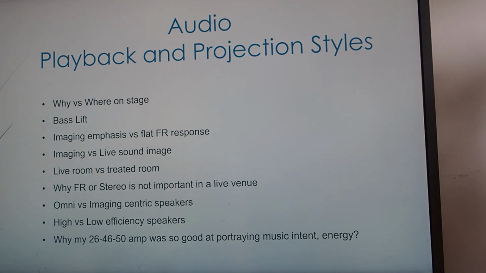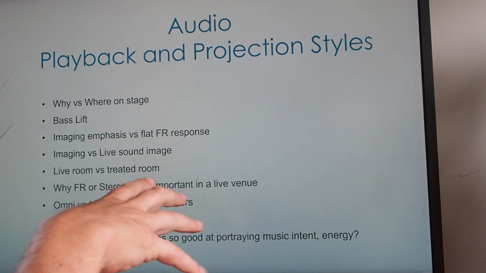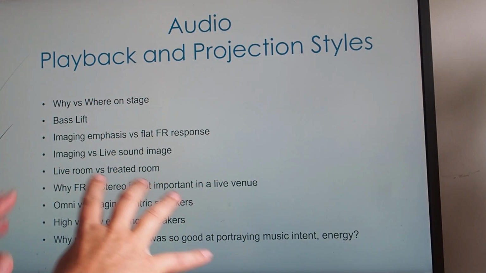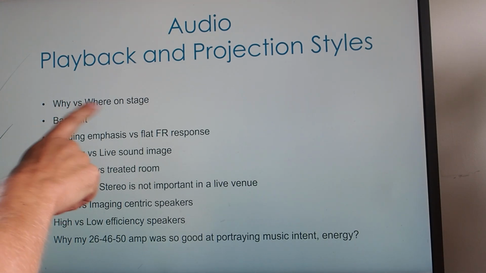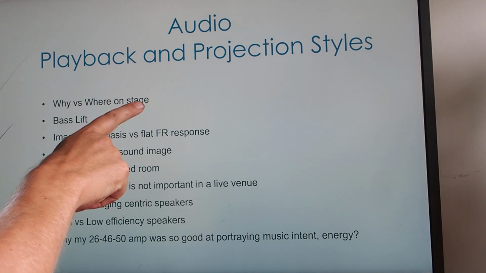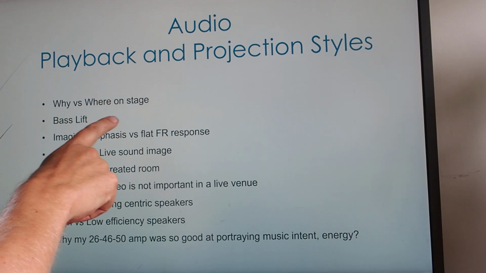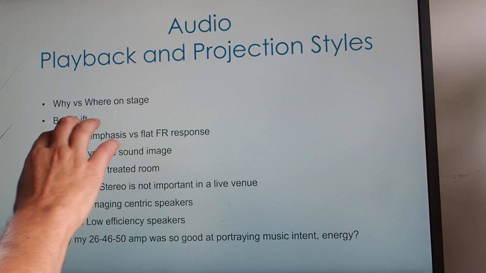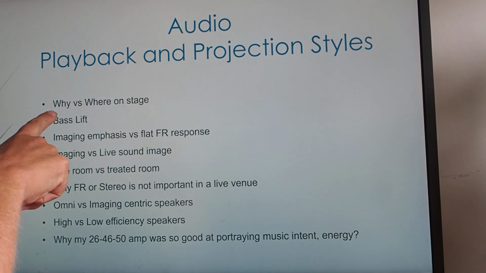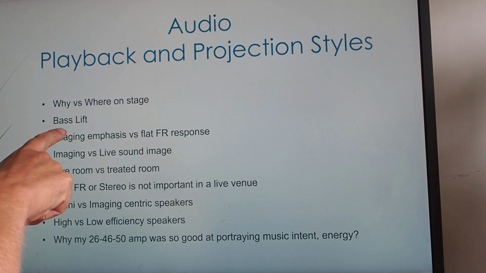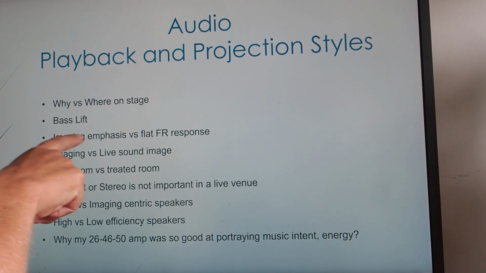Why also this thing? Because what I'm trying to do is assimilate a lot of these questions into a holistic model. So if you look at what your audio system needs to accomplish, a lot of people like imaging and prioritize that in their system. That's the where are the artists on stage versus why are the artists on stage. Do you want to feel that, or do you want to know this? Some people want bass lift in their system.